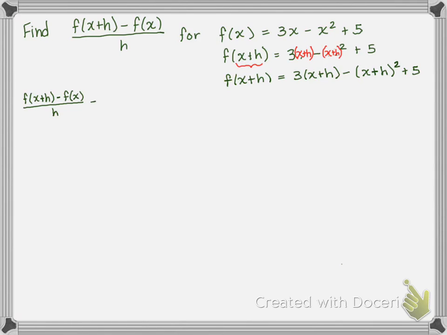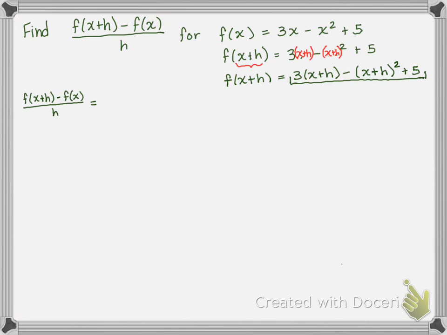And the way I usually do it is I write that expression and then an equal sign, and then I do all my work just down the right side so that I know that everything I'm doing is equal to f of x plus h minus f of x over h. So we're going to replace f of x plus h with what f of x plus h is equal to.